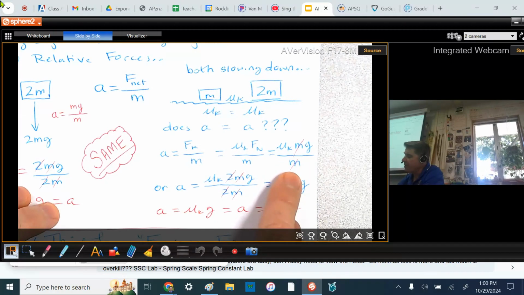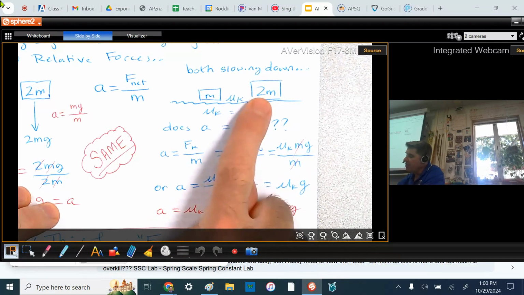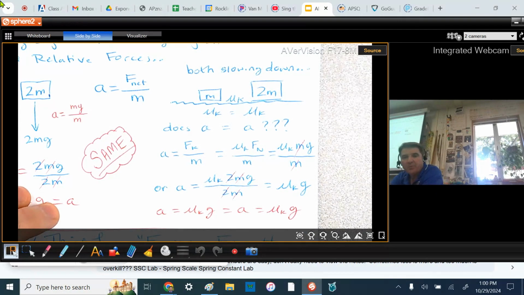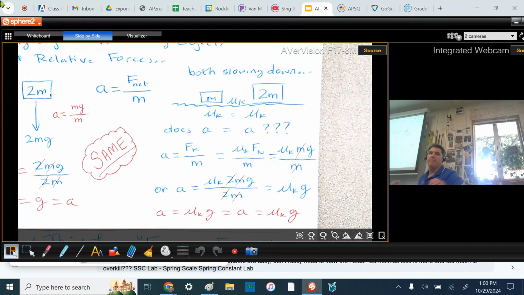The m cancels, and if you do the 2m one, it's the exact same equation: a equals mu sub k times 2m times g divided by 2m, and once again they cancel. So they will actually slow down at the same rate, which is kind of interesting.